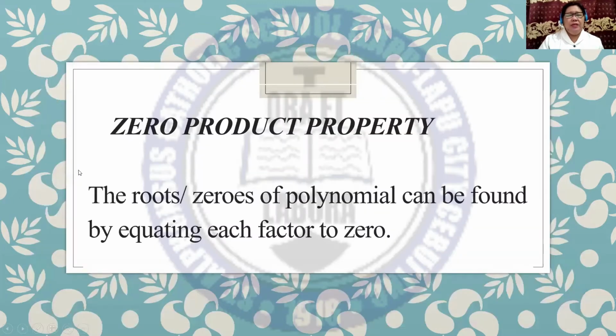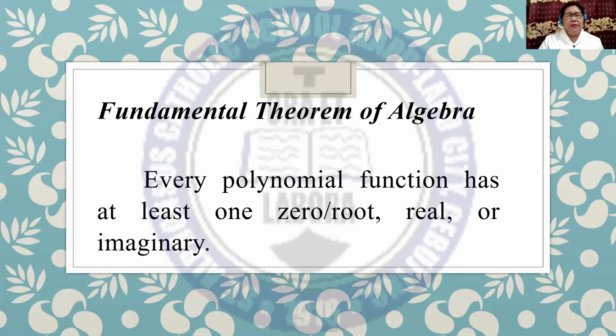Let us have first zero product property. The roots, or can be called as zeros, of polynomial can be found by equating each factor to 0. Let us have the fundamental theorem of algebra.